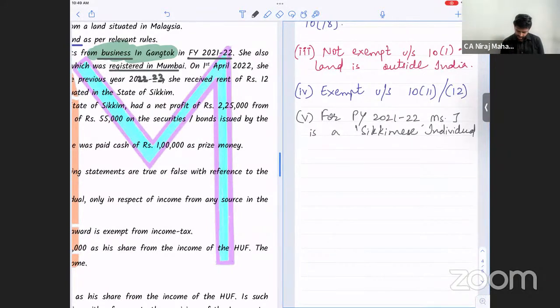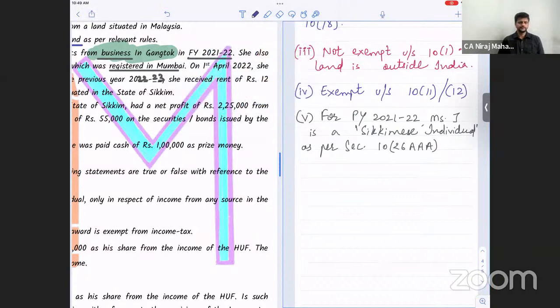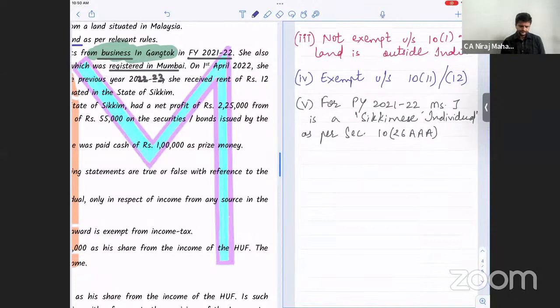As per section 10(26AAA). Done? So I'm just writing a bunch of particulars and rupees.